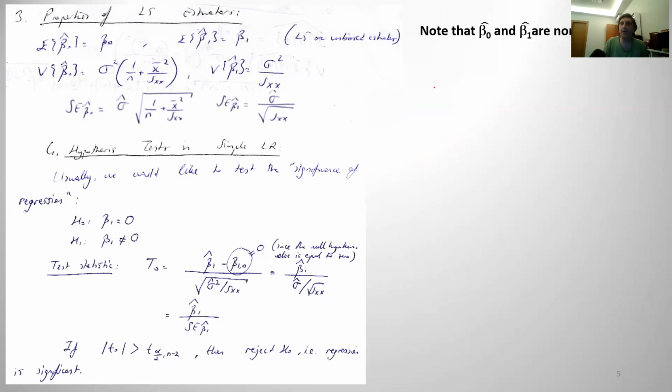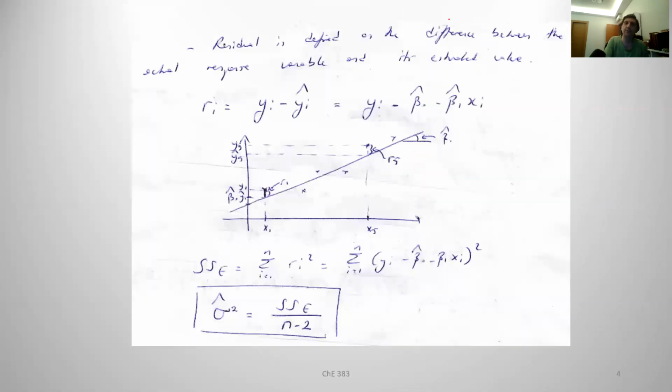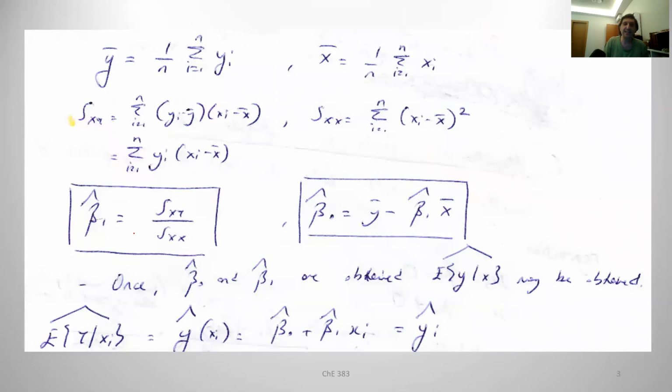At this point, we should note that beta 0 hat and beta 1 hat are both normally distributed. Is it so obvious? Actually, it's pretty much obvious. If we go back, beta 1 hat is a linear function of the yi values.